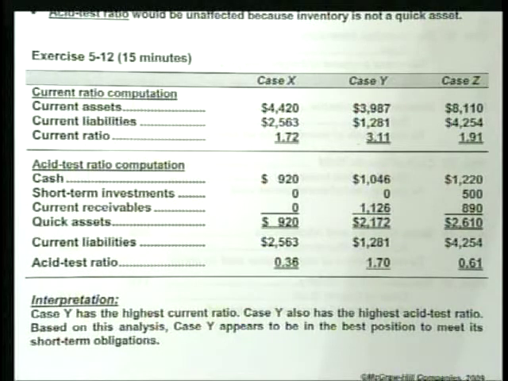Do you see why the acid test ratio is a little bit more of a conservative measuring of your short-term liquidity? Because it recognizes that not all current assets are equally liquid. Okay? Cool? All right. I think we're done with chapter 5, aren't we? Now, a teacher who didn't love you as much as I do would let you go at this point.